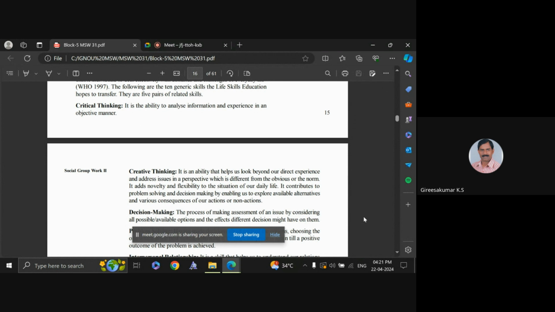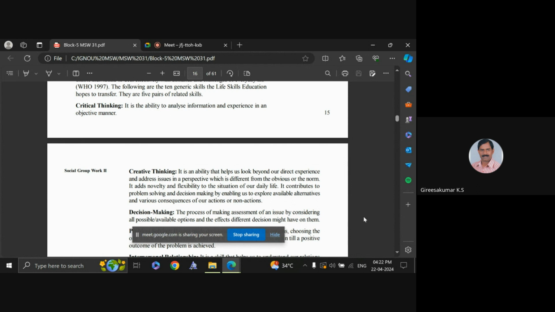You know the word objective, not subjective. Objective manner means he has to understand the problems on their merit, and he should not take it in a single way, but it is an objective matter. Objective and subjective are two terms. Subjective means thinking himself alone. Objective means common issues.